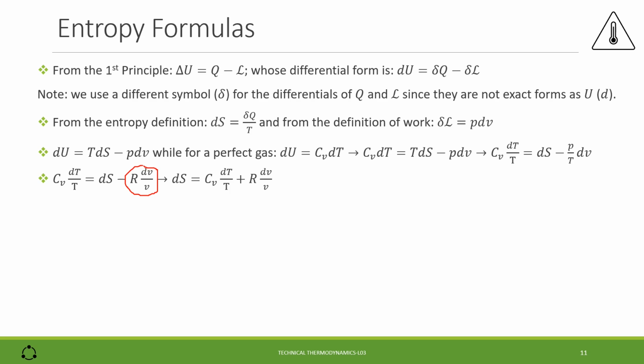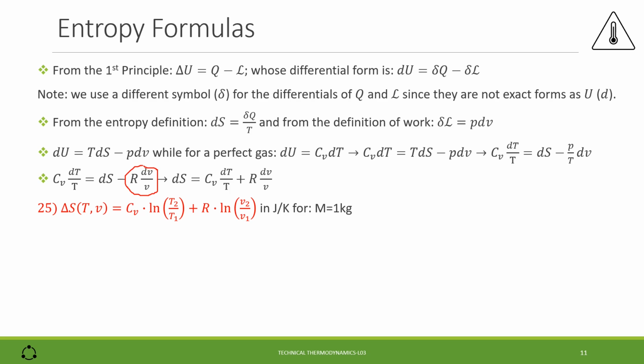Therefore, dS equals Cv dT over T plus R dV over V. And by integration, we can write the first expression for the entropy as function of temperature and volume. Delta S equals Cv times logarithm of T2 over T1 plus R times logarithm of V2 over V1.